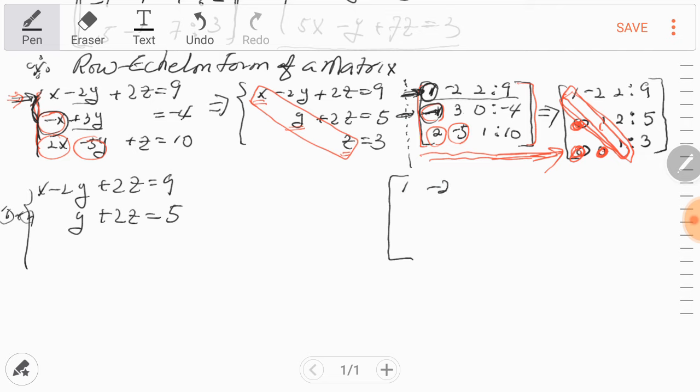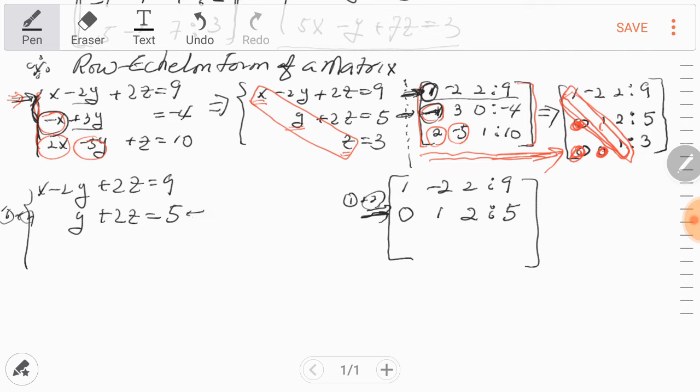The first row is unchanged. And for the second row, add the first row. Then 0. Negative 2 plus 3 is 1. 2 plus 0 is 2. 9 minus 4 is 5. So actually this second row is the coefficients of the second equation.